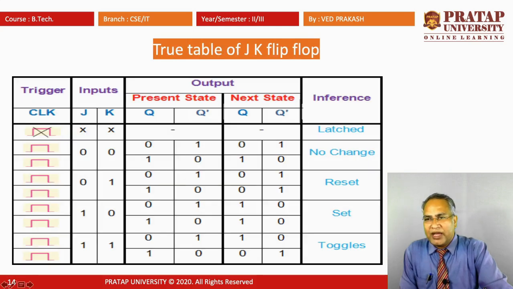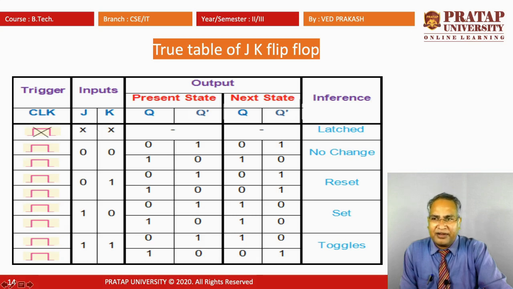When there is no clock, it means our clock signal is not high, it means low, then for any value of J and K there is no next state found, it means there is no variation in the latch, so we finally get the latch.